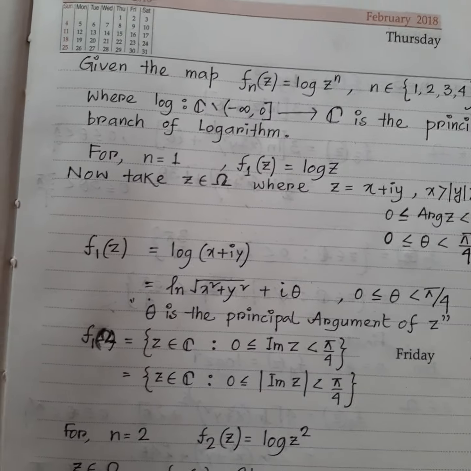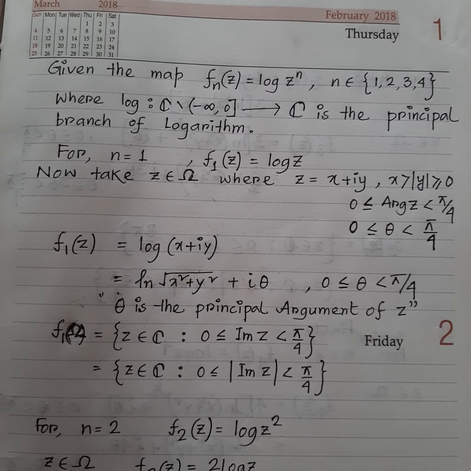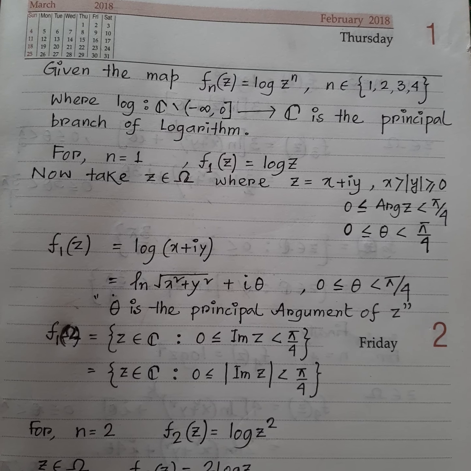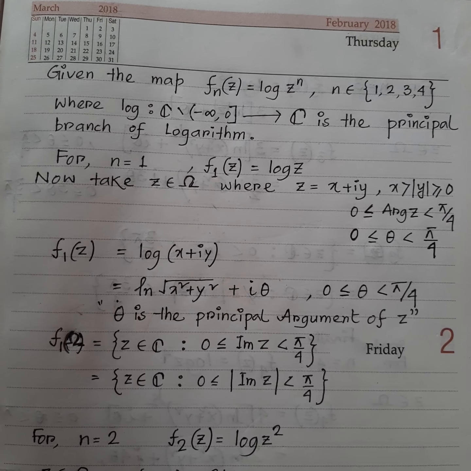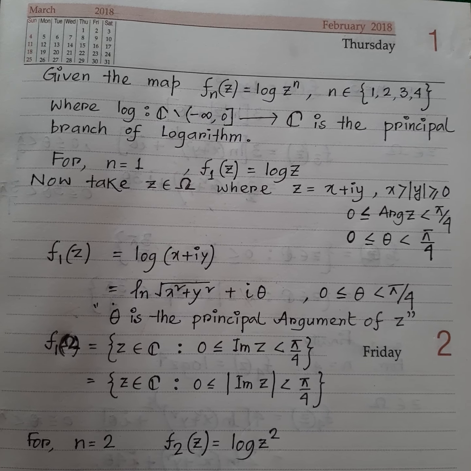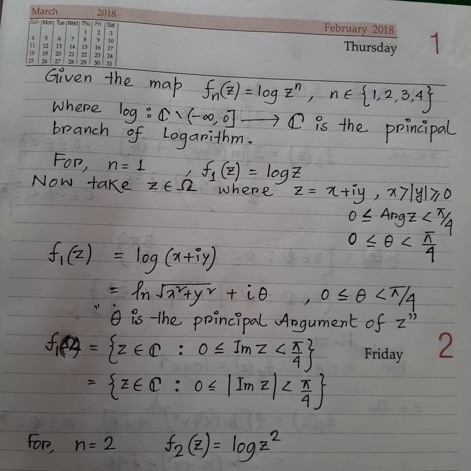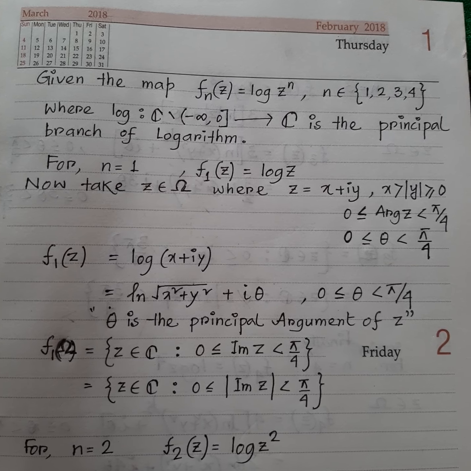Now given the map f_n(z) equal to (log z)^n, n equal to 1, 2, 3, 4, where log is the principal branch of logarithm, we will take a point from this domain Omega and see what its image is under this map f_n, precisely f1, f2, f3 and f4.